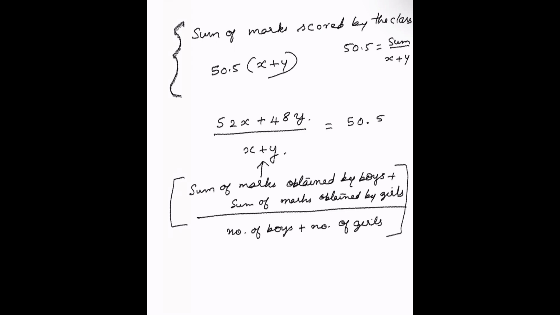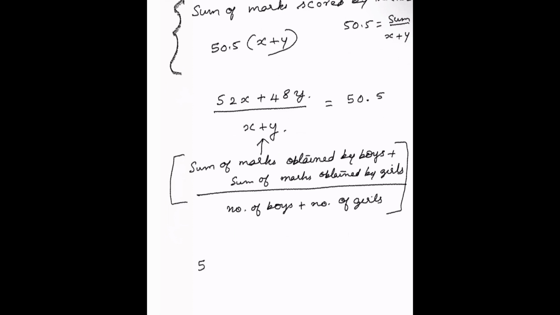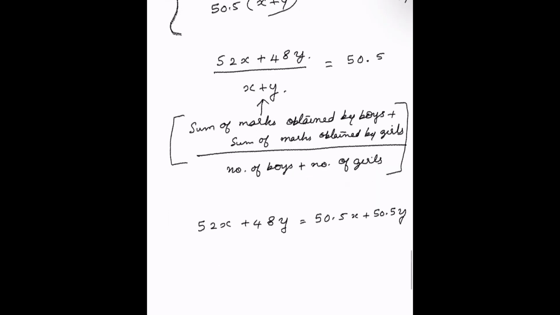Now, what will you do? Just multiply. It is going to be 52x plus 48y equal to 50.5 into x plus 50.5y. Okay, then what? Equate it. Equate in the sense, bring x terms together and y terms together.